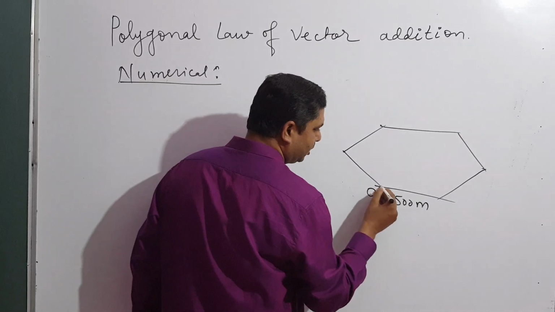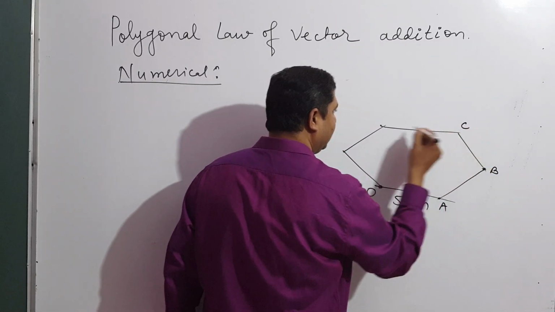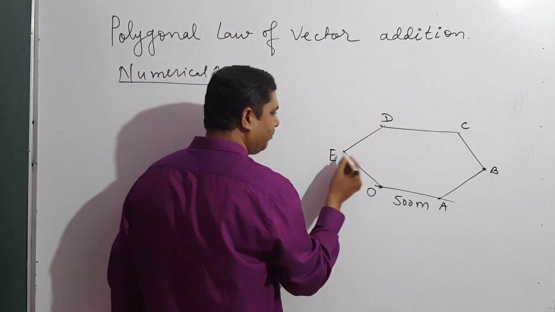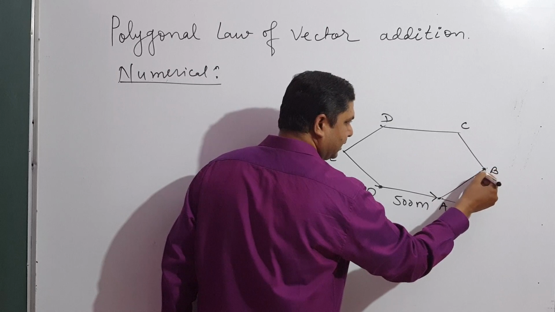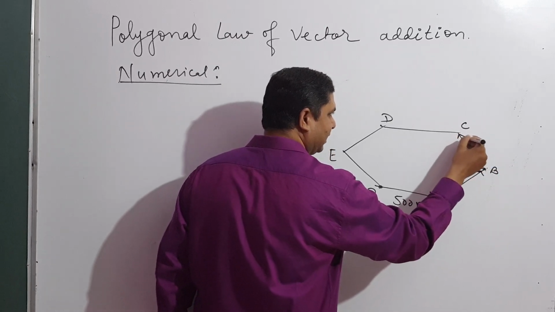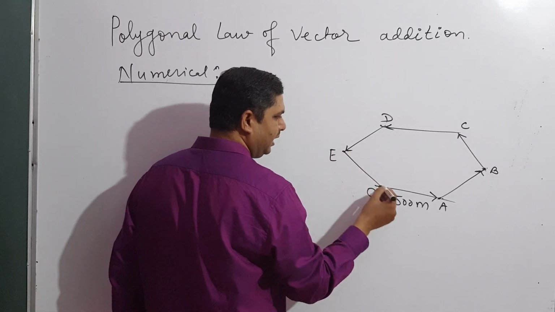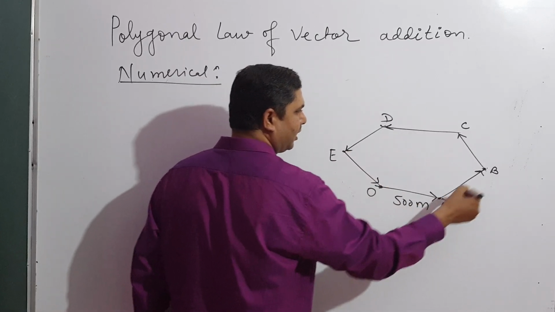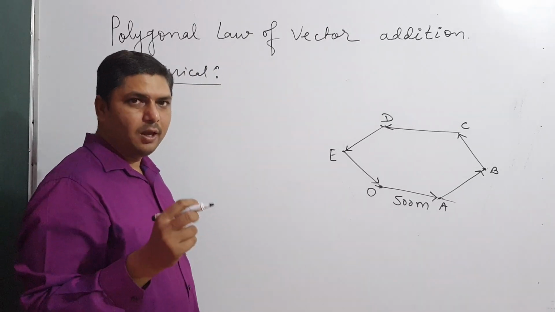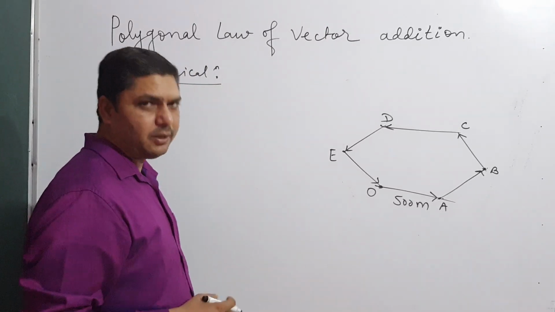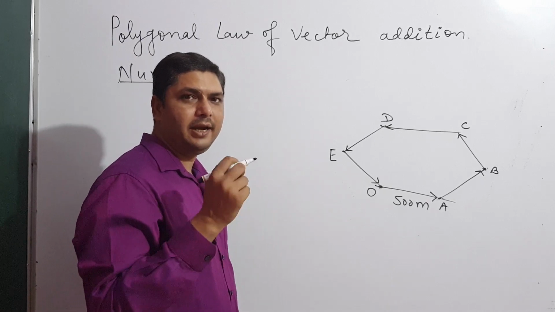This is O, the initial point, then A, B, C, D and E. So OA is a vector, AB is another, BC is next, CD is next, DE is next and EO is next. It moves continuously in this direction. Then the question asks, what will be the displacement covered in the third, sixth and eighth turn?